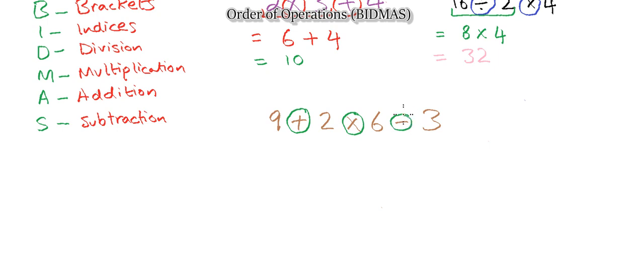So what we do is multiply the two numbers first, 2 multiplied by 6. The easiest way to do this is you can just put brackets around them, to show that you have to do this one first.